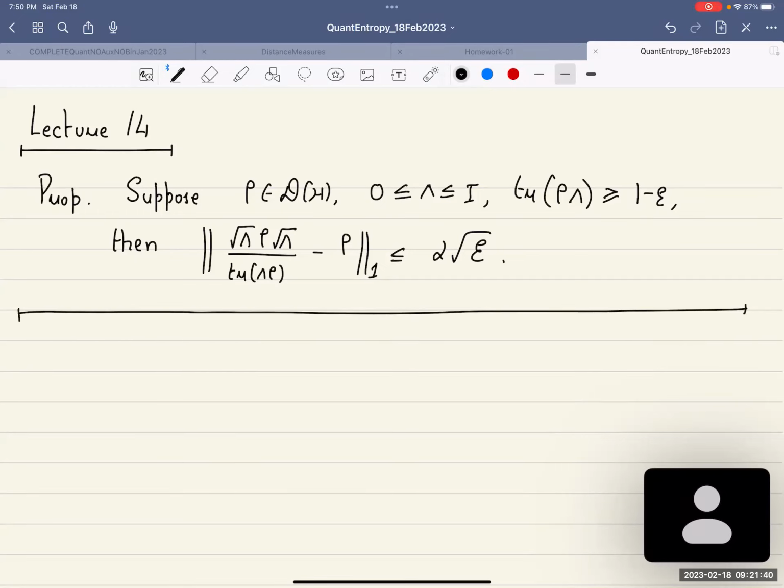Okay, so we will now get into quantum entropy. I think this is chapter 11, but I will be doing it slightly differently from what is there. We'll be doing what we require.